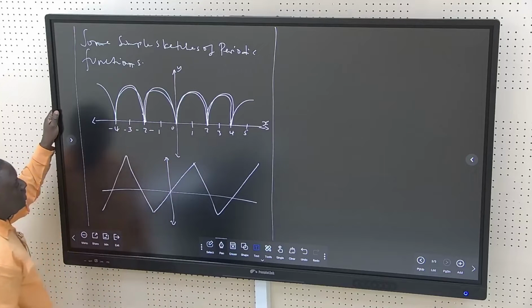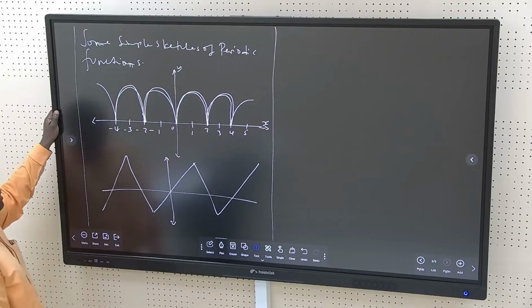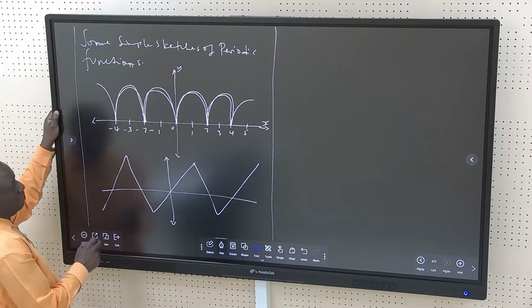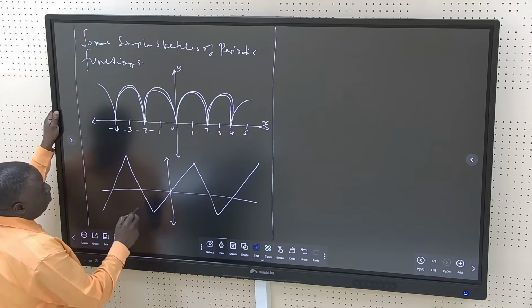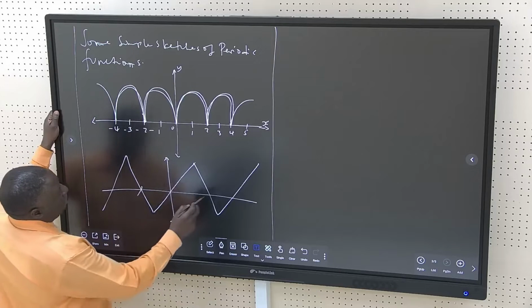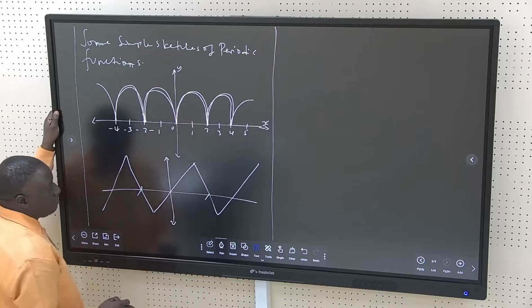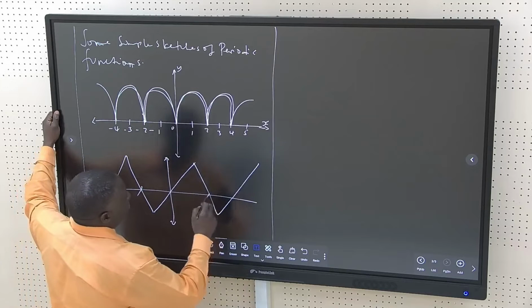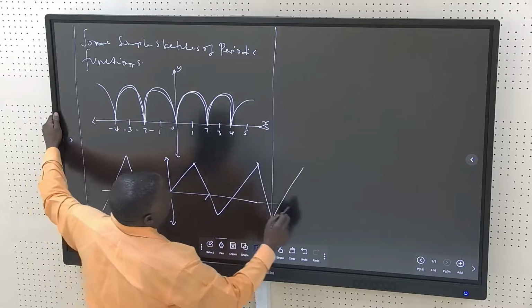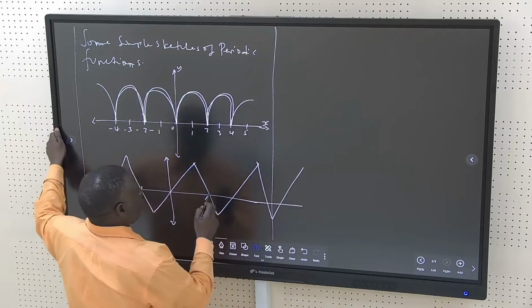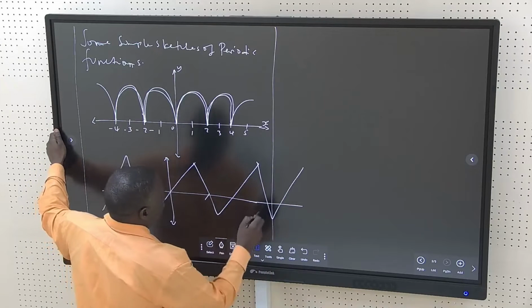You can see this one is copying and repeating itself. So you can see if it starts from this point, then up to this point it has completed one cycle, and another one starts from this point, goes to this point. You can see here it is copying itself from this point up to this point.